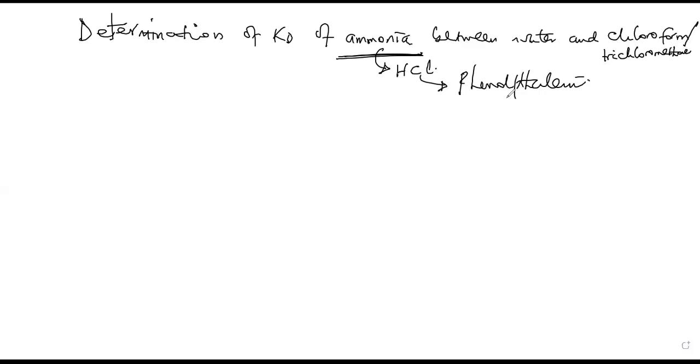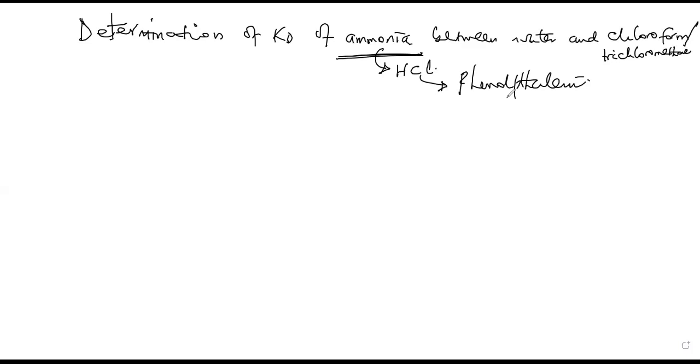It is a solute, but in aqueous solution. So we prepare a known concentration of ammonia, then transfer the volume we are interested in into a separating funnel. Then we add a known volume of trichloromethane or chloroform into the separating funnel.